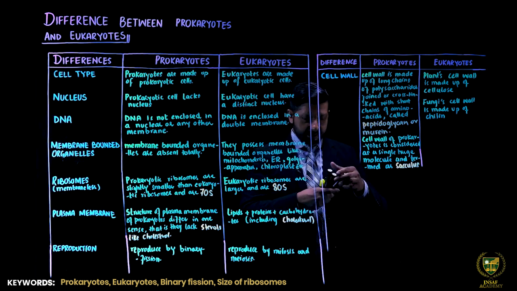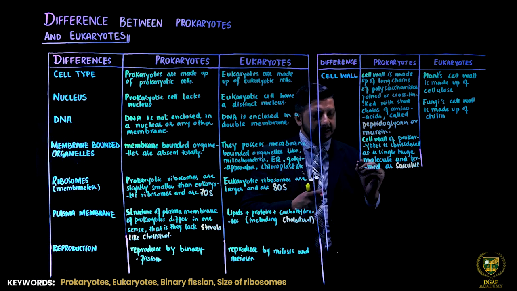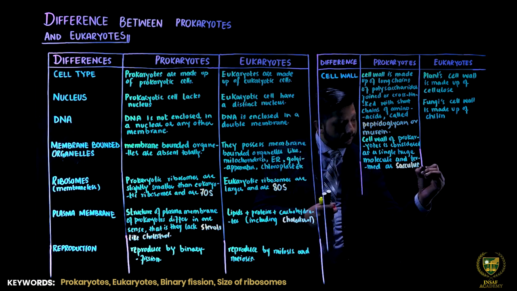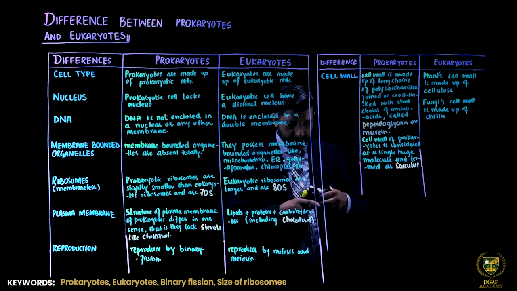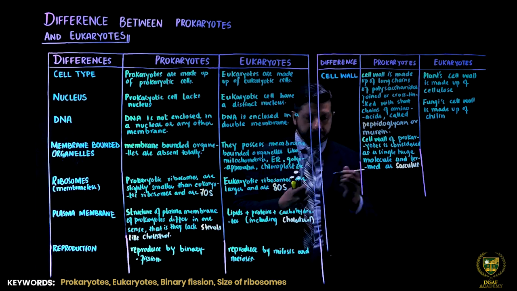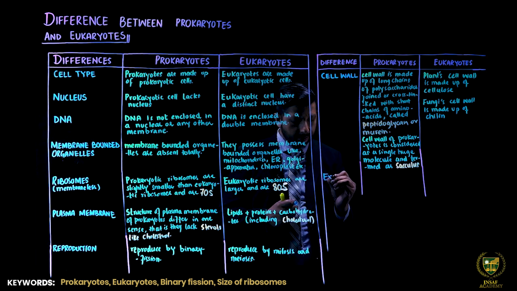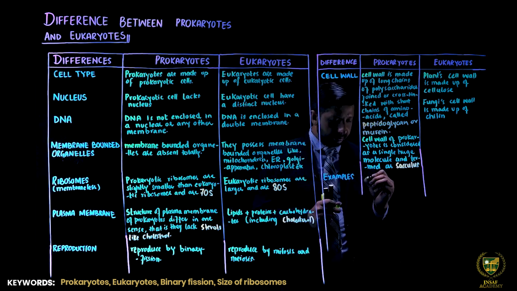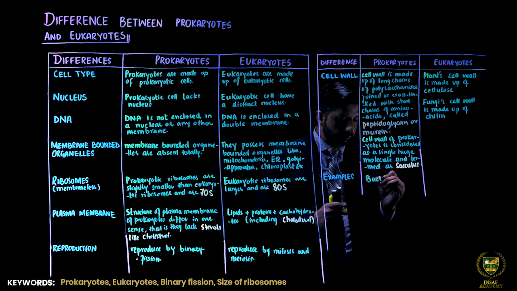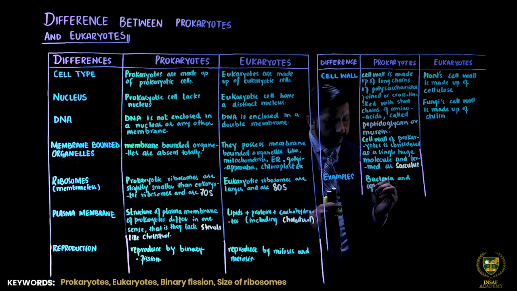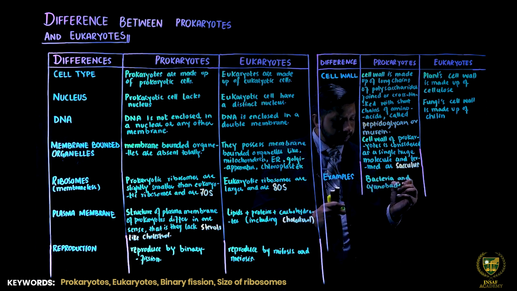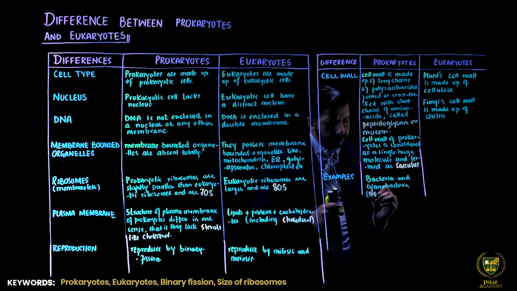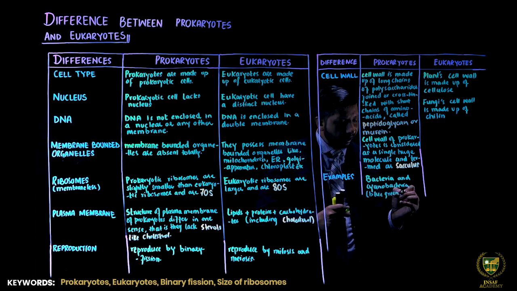As far as examples are concerned, the prokaryotes consist of bacteria and cyanobacteria, which are also called blue-green algae.